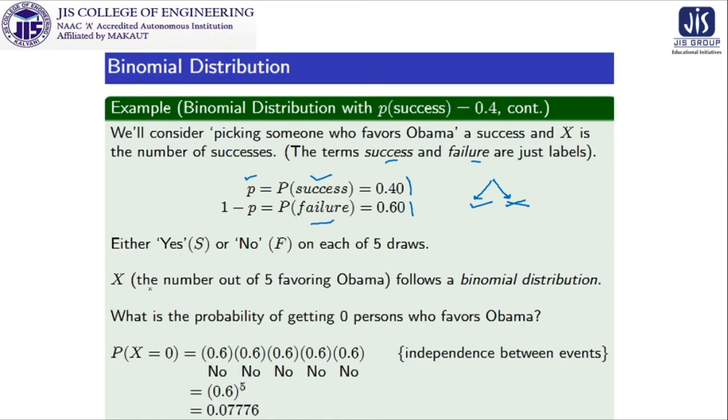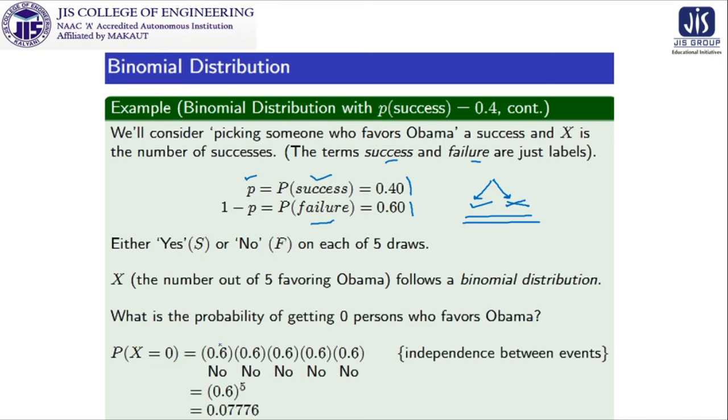What we see is that X, the number out of 5 favoring Obama, follows the binomial distribution. So what is the probability of getting 0 persons who favor Obama, meaning no one favors Obama in that particular sample? So P(X = 0).